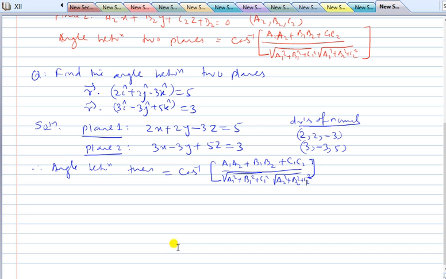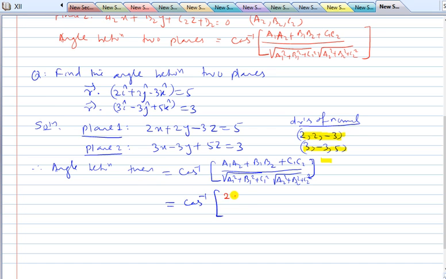So if I go on finding, it will be cos inverse. These three are my a1 b1 c1, and this is a2 b2 c2. So I will be putting this.